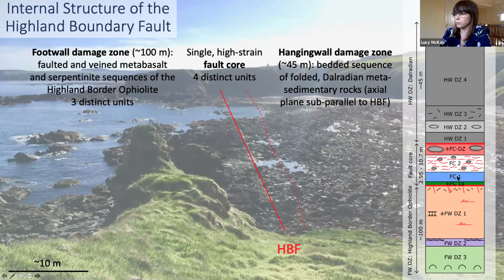In the middle, you've got the fault core, which in places has 4 different units. And then on the north, you've got the Dalradian, which again can be subdivided into different units. Starting from the bottom of the log, in this purple unit in the Highland border ophiolite, I'll go through each unit and give you a little more detail about what was observed.